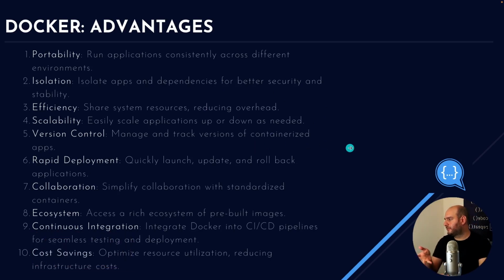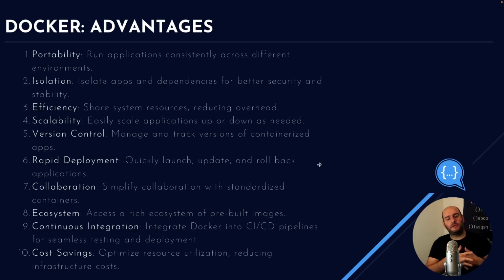It's also very useful for tracking versions, because every time you create an image, you create a new version of that. You can create different versions of that image. So if you have a release, you can create a new image with the new version of your application, and that's it. Rapid development.